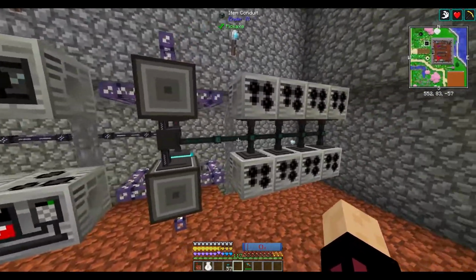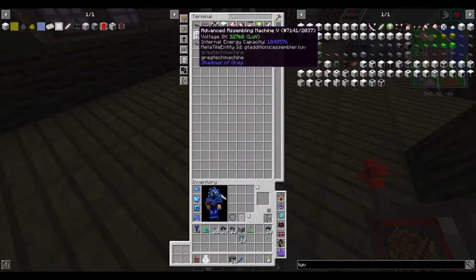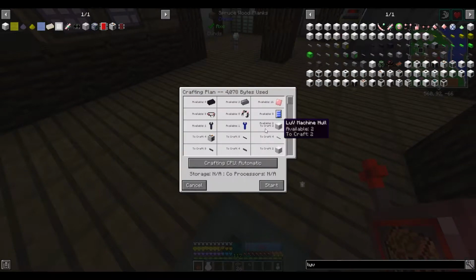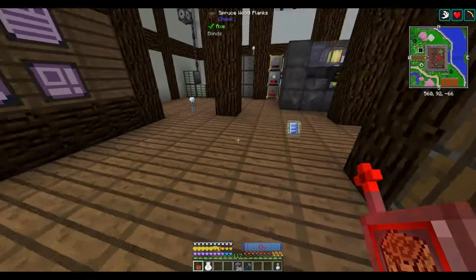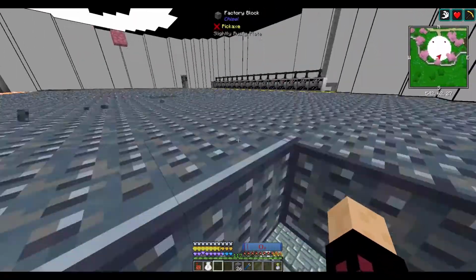And same as I've been doing with cables here, I will probably do it here. Now with all that, we are able to craft a few of these assembly lines, or sorry, assembly machines. 4 of them. Nice. And in the meantime, let's go prepare that area over there, because here's where we're gonna do that.